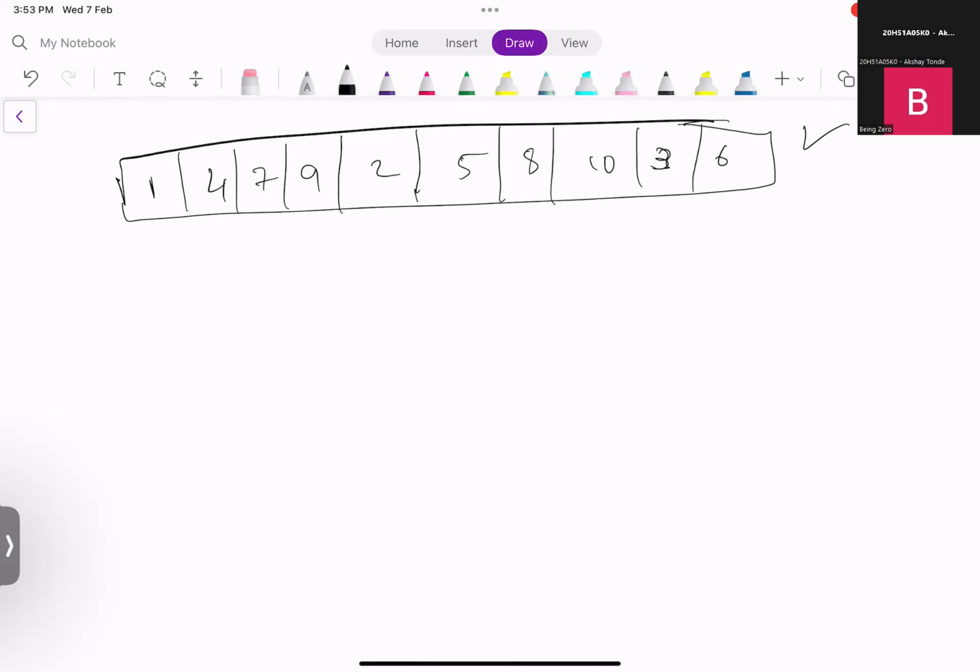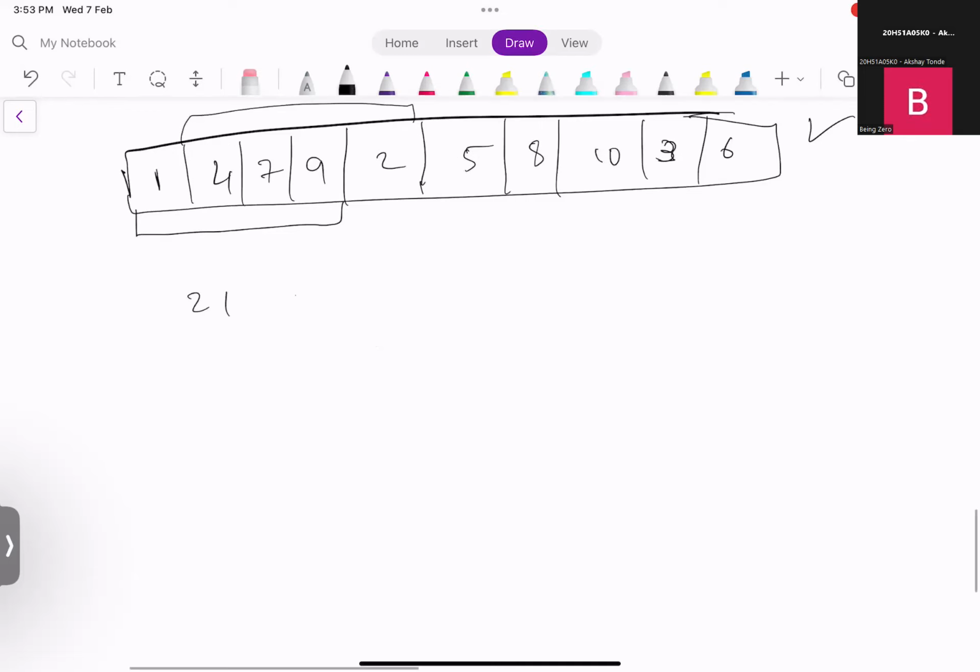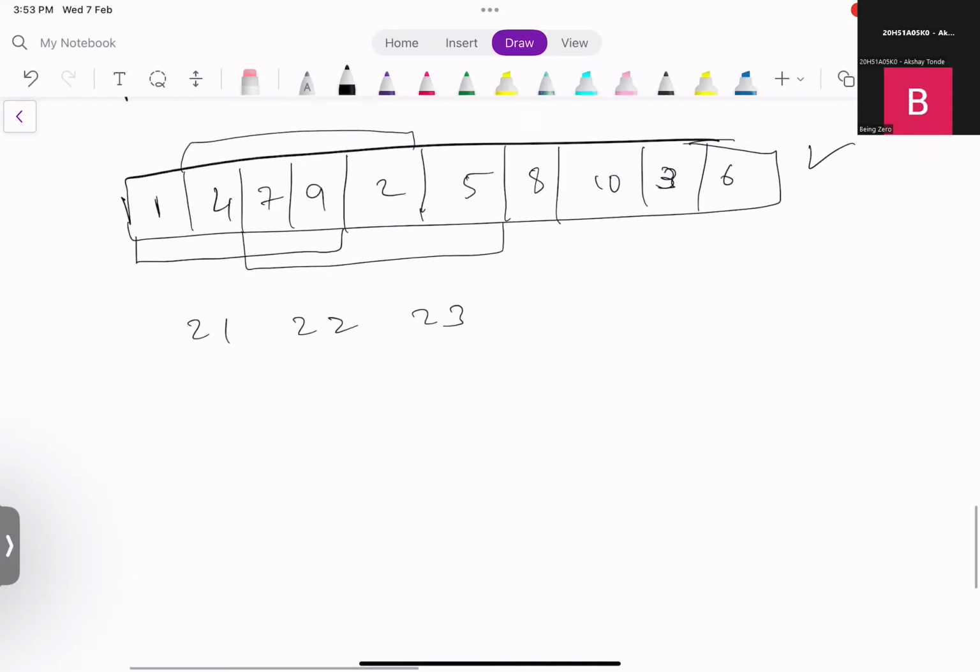Okay. So if we have this subarray, the sum will basically be 1 plus 4, 5, and 12 and 21, right? For this subarray, it will be 22, right? And for this one, it will be 23. And then if you keep going forward, this will be 24, right?